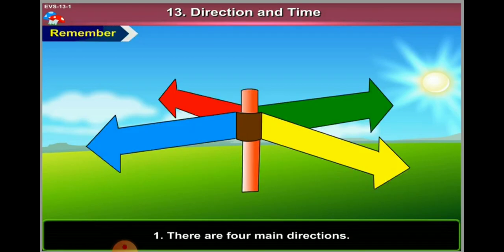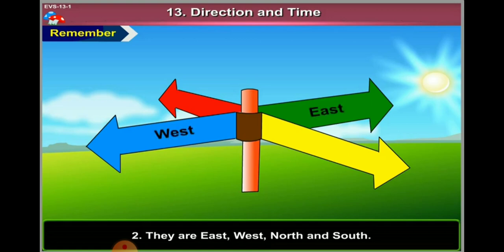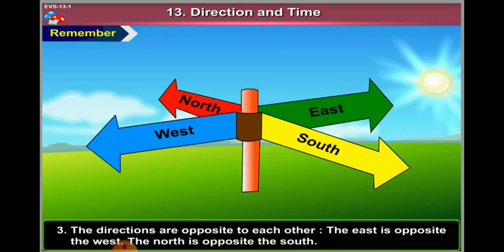Remember, there are 4 main directions. They are, you can see, east, behind it west, then north and south. The directions are opposite to each other. The east is opposite to the west and the north is opposite to the south.